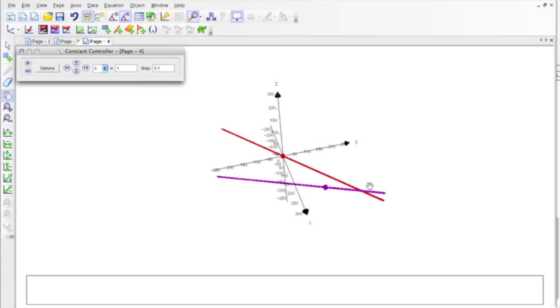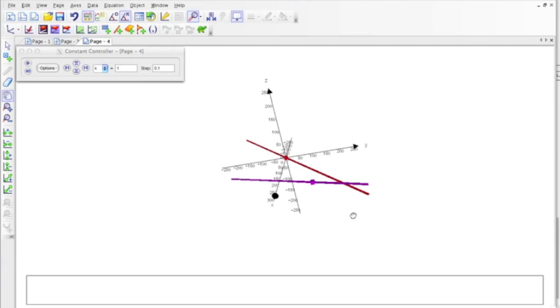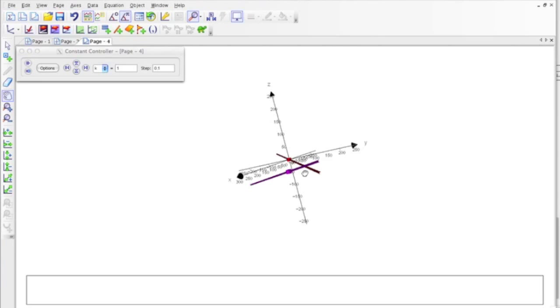Okay, so there we can see the point where they're crossing over. If you look from the top, that would be where the two tunnels are crossing over. So at the moment the value of u is positive 1, so you can see that the second tunnel is rising up. It's going upwards from that point.